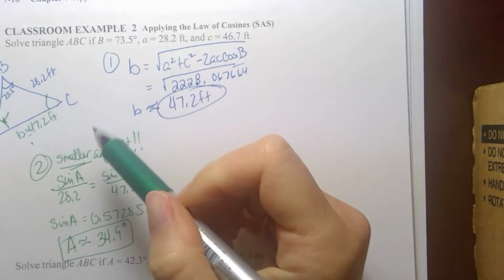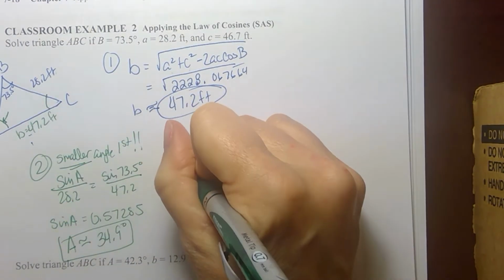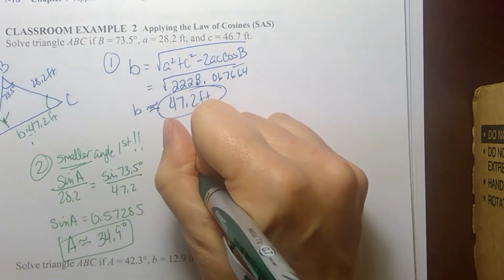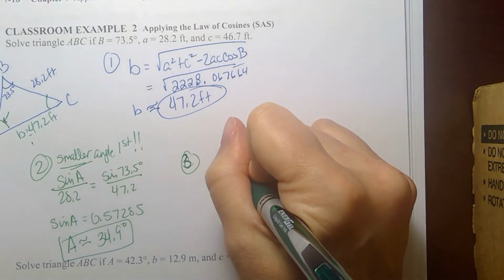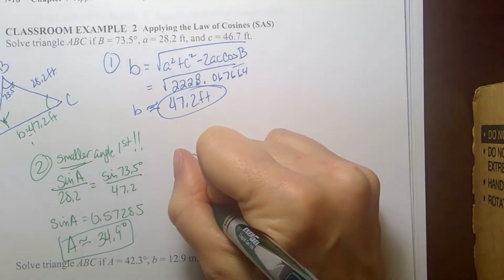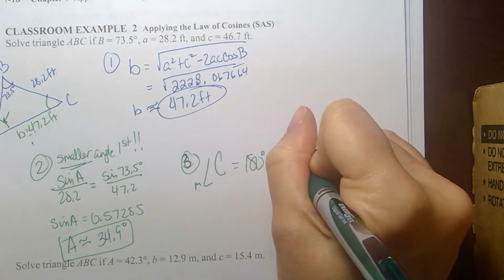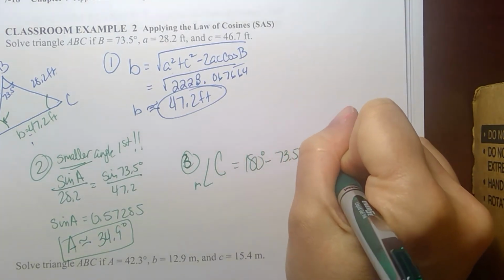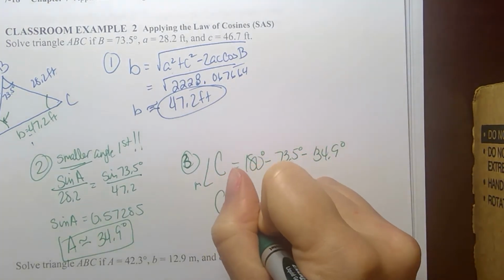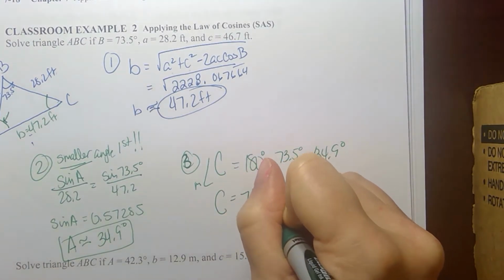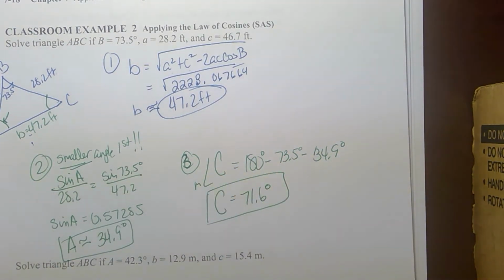And then once I know angle A, I was given angle B, I can find angle C, the third step, by taking 180 degrees and subtracting the two angle values that I know. So that angle C comes out to be 71.6 degrees.